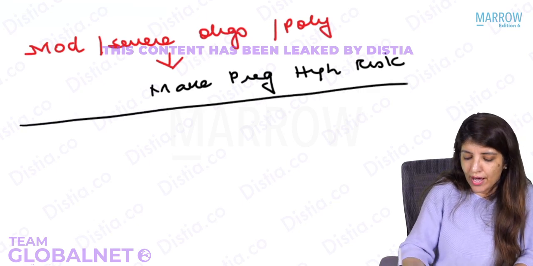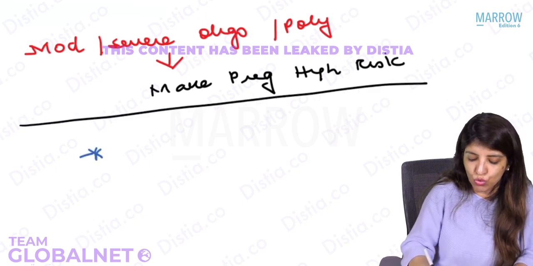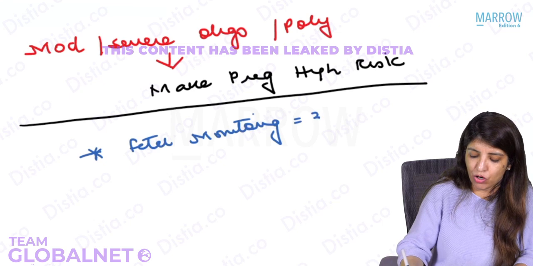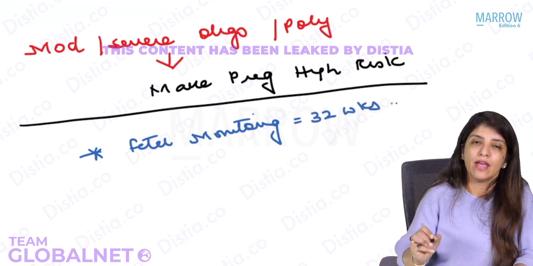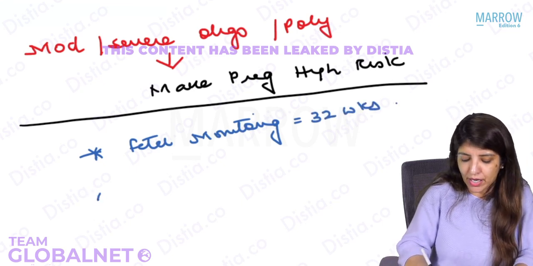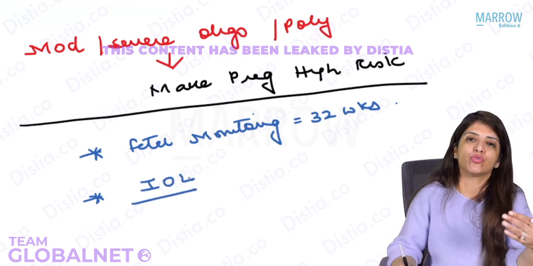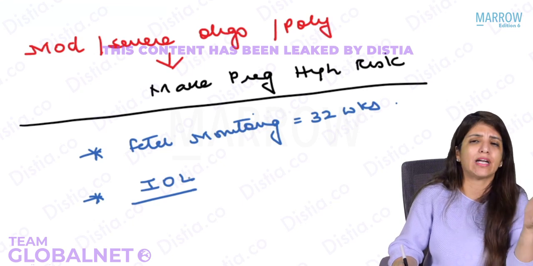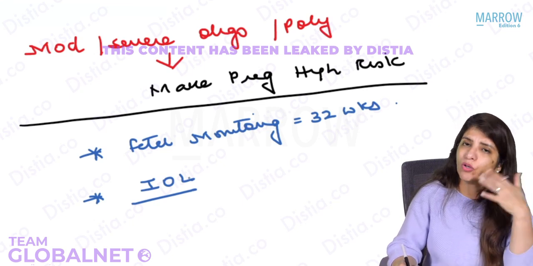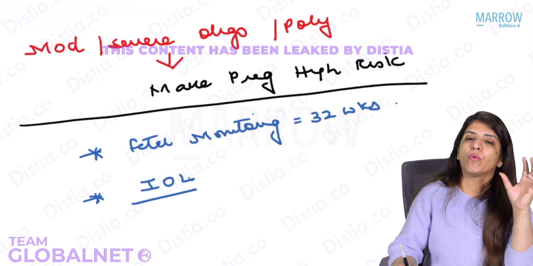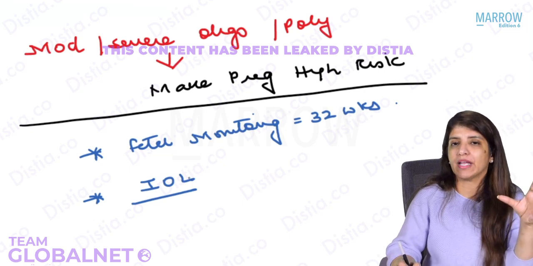And in all high risk pregnancies, you should do fetal monitoring. You have to do fetal monitoring starting from 32 weeks of pregnancy, right? And in high risk pregnancies, you also have to go for induction of labor. You yourself are going to terminate the pregnancy. At what time? That depends upon different conditions. So in all high risk pregnancies, we have to go for fetal monitoring beginning at 32 weeks.